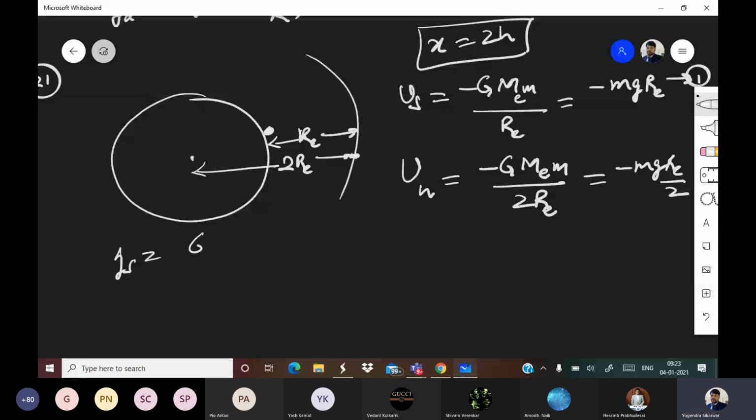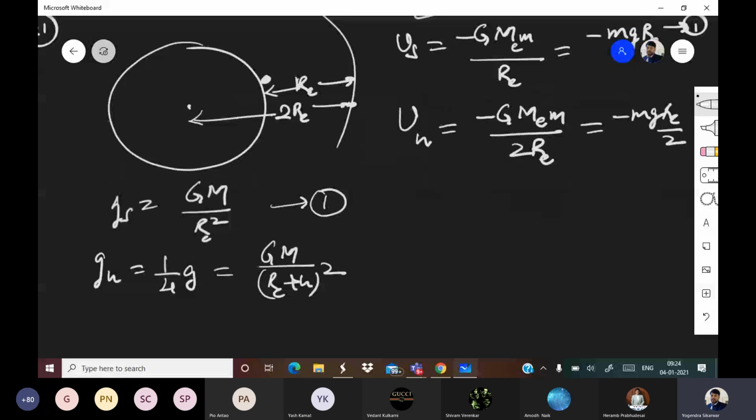When you put the value of g from here, what you get is GM upon R square, and 1/4 of that is equal to GM upon (Re plus h) whole square. So if you compare the denominators, (Re plus h) whole square is equal to (2Re) whole square.